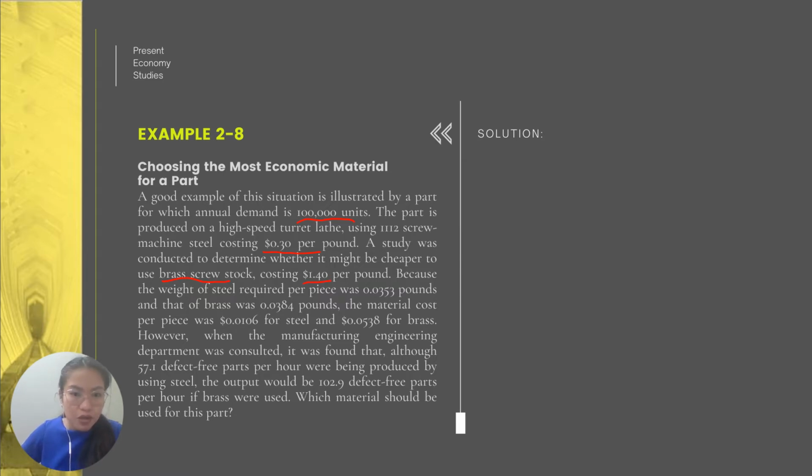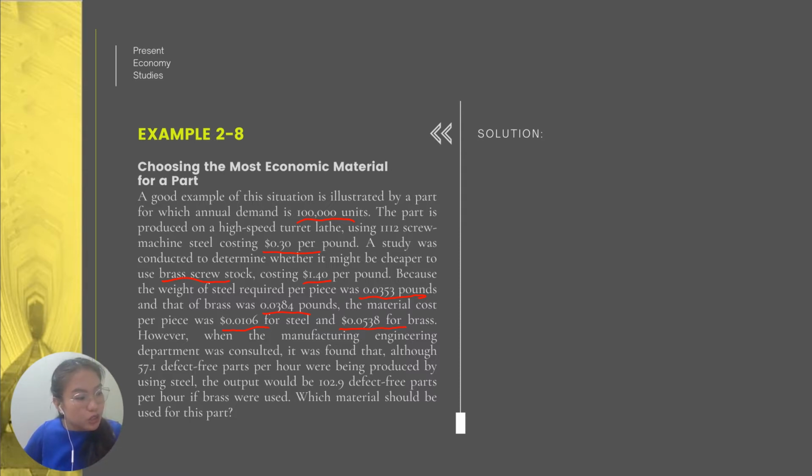Because the weight of steel required per piece was 0.0353 pounds, and that of brass was 0.0384 pounds, the material cost per piece was 0.0106 for steel and 0.0538 for brass.